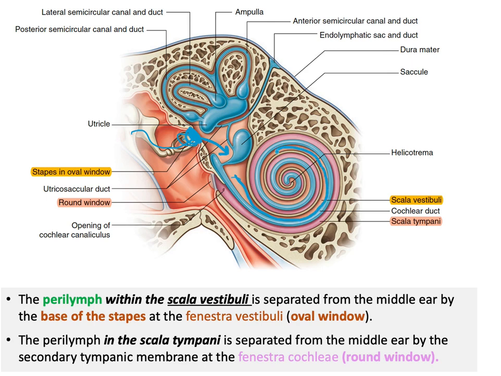Let us follow it. The perilymph now vibrates all the way until it reaches the helicotrema. Now from helicotrema, it meets the scala tympani, right back again into the cochlea.